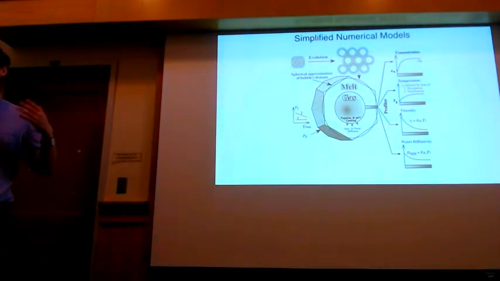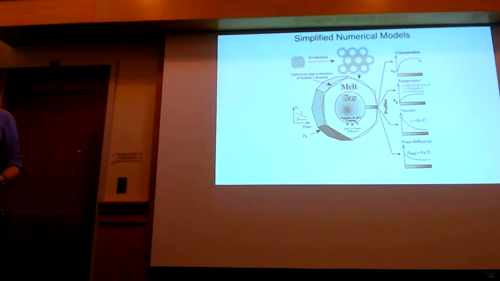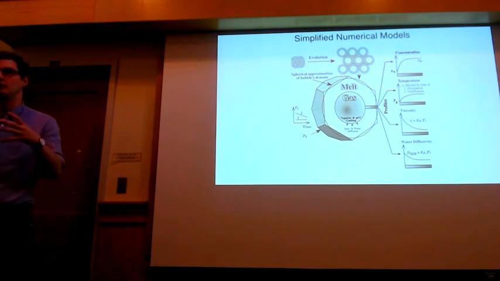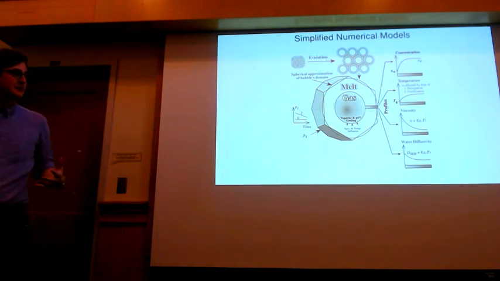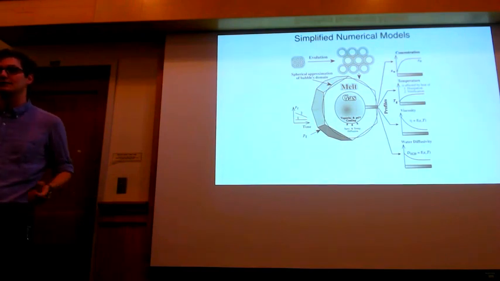Another way you can look at these variables is with simplified numerical models. So we do a lot of simplifications to try to make these speedy models. One is we approximate our bubble and magma system as a sphere, so we can just do a one-dimensional cross-section across it.